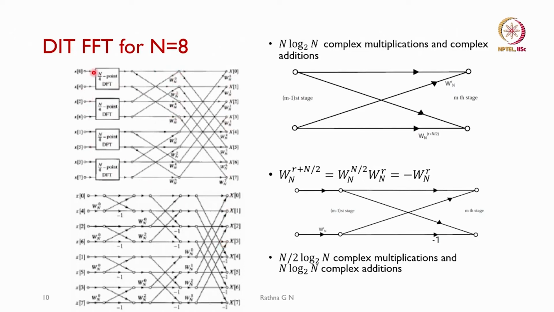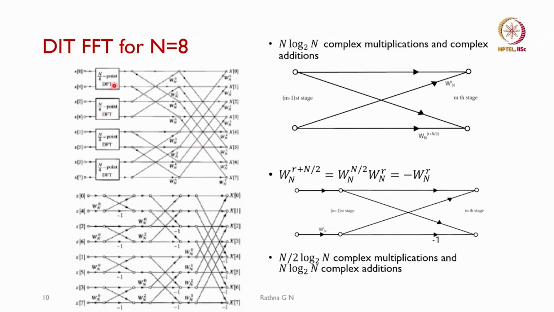So, how we will be feeding it? We had it for the first part. The other h k is split into 2 stages, as you can see, x of 1 and x of 5, and then the other one is x of 3 and x of 7. Combining the thing, this is our output x 0 to x 7.